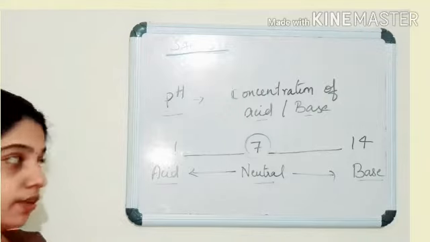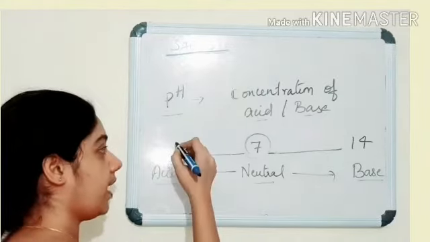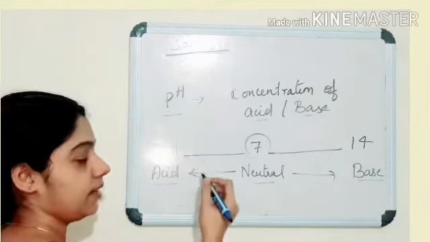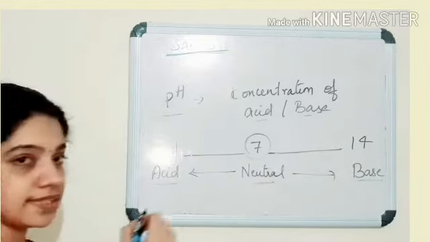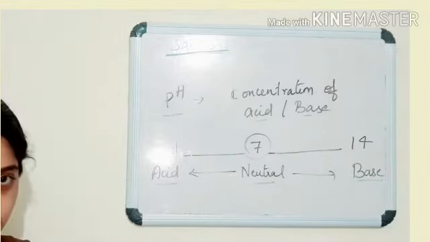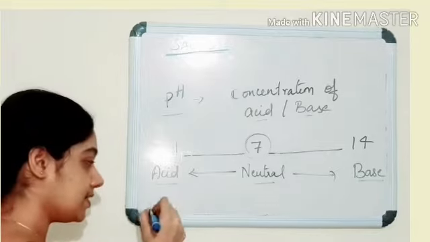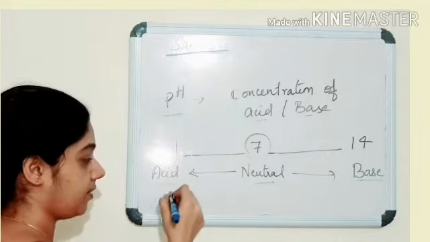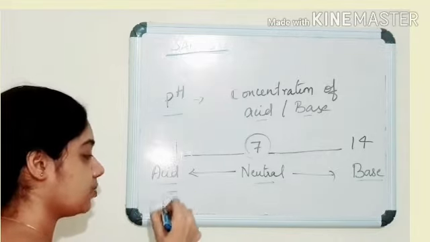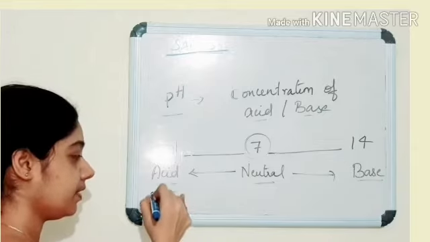Okay. If your value is closer to 1, that means if the range is between 1 and 7, it is an acidic solution. We know that acid contains H+ ions, right? Acid contains H+ ions in it.